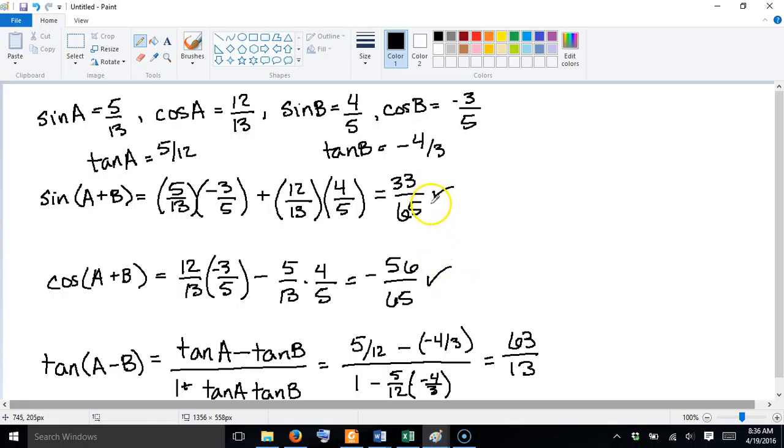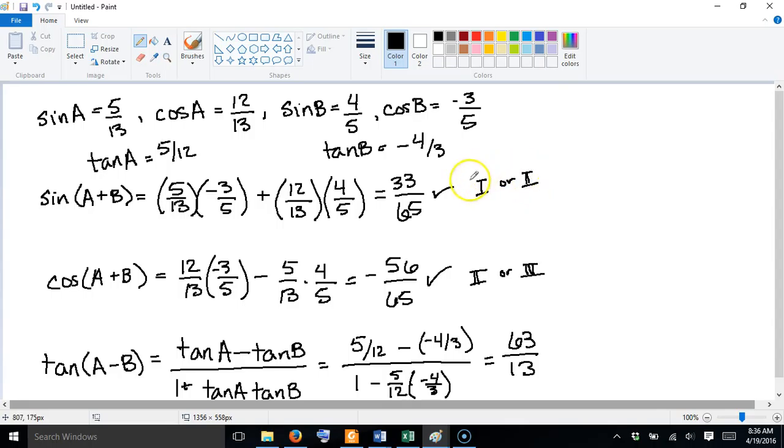Well, when sine is positive, this implies that we are in quadrant 1 or 2. And then if cosine of A plus B is negative, that implies that we are in either quadrant 2 or 3.